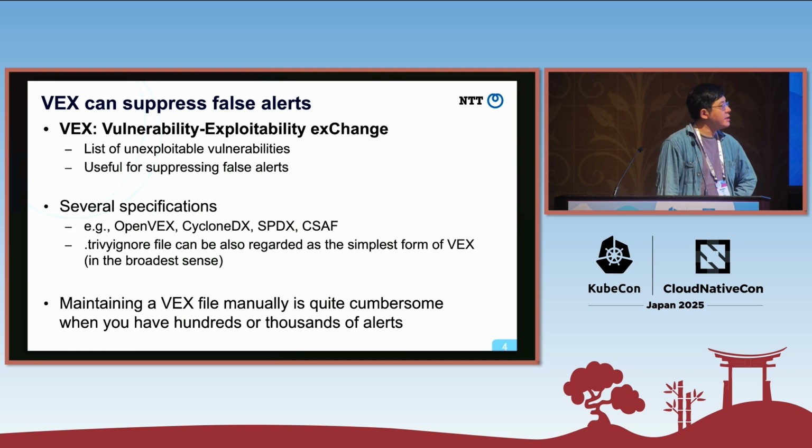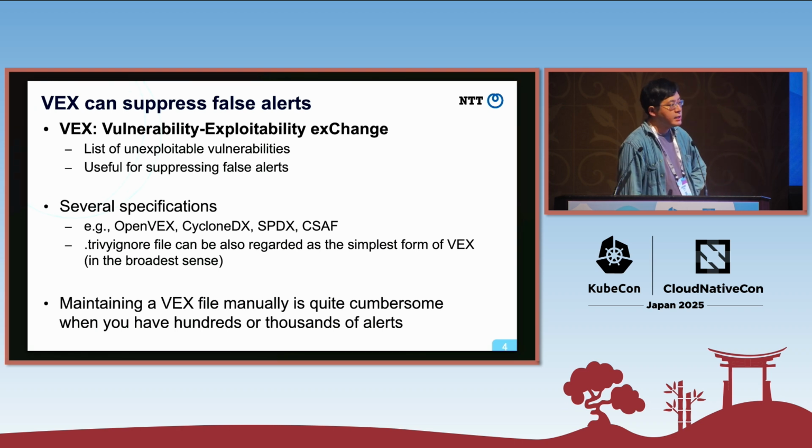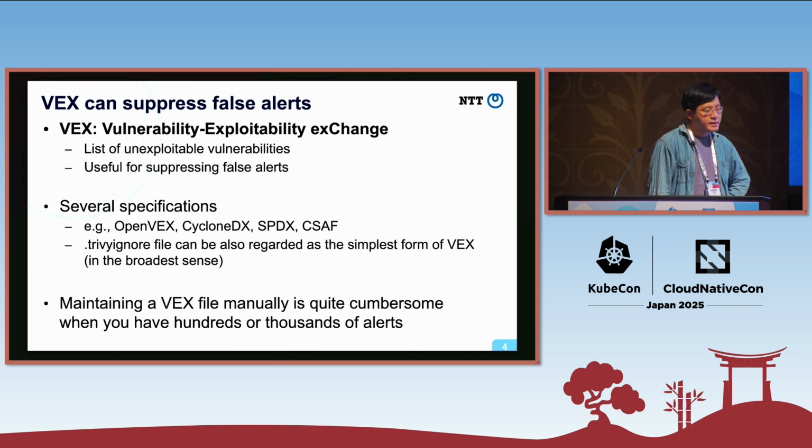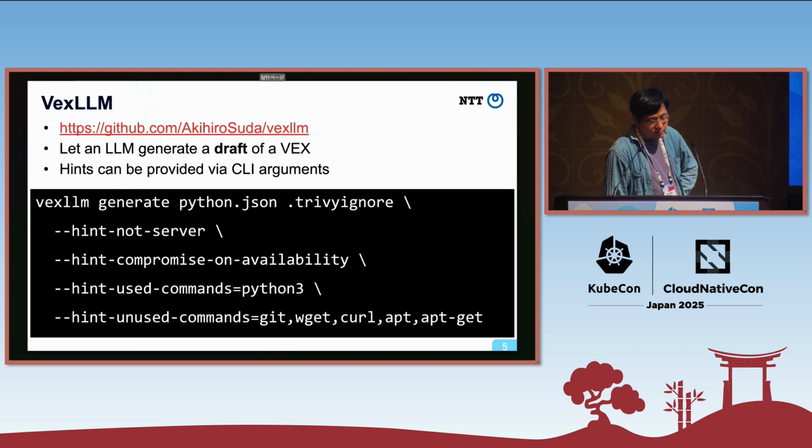There are a bunch of competing specifications currently, like OpenVEX, CycloneDX, SPDX, and CSAF. You can also say that the Trivy ignore file is the simplest form of VEX in the broadest sense. However, maintaining a VEX file is quite difficult when you have hundreds or thousands of alerts.